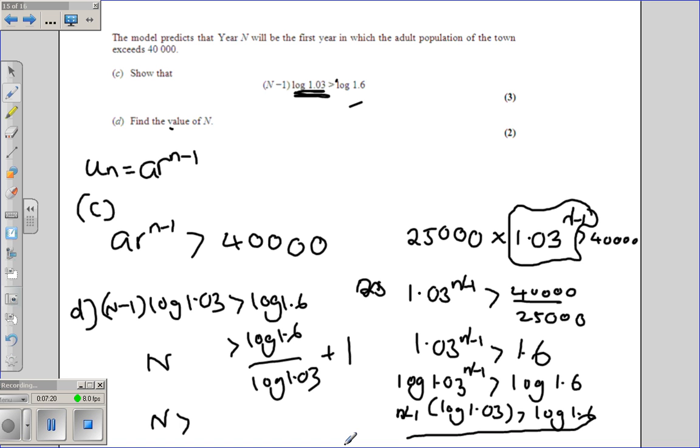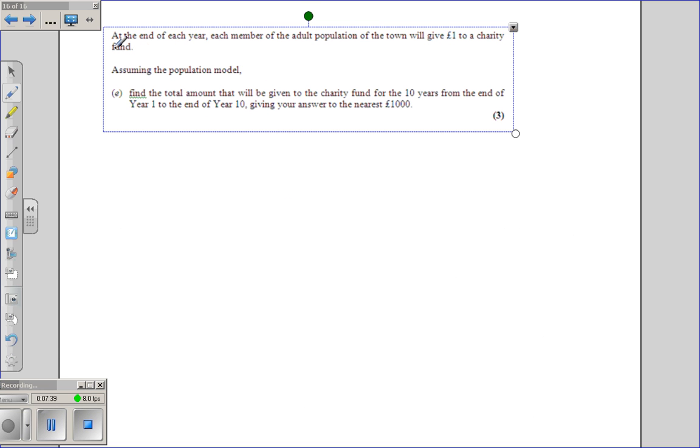We get 16.9 something something something. And n can't be a decimal because it's a term, it has to be a whole number. So n is equal to 17. Done for that part.